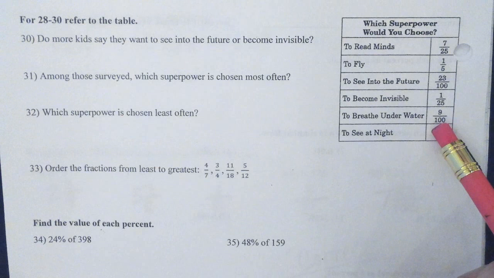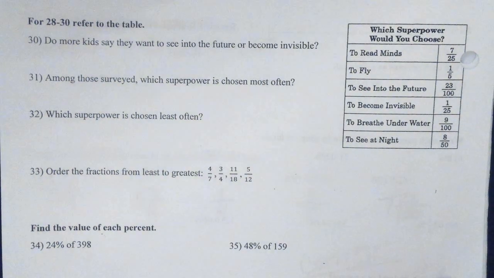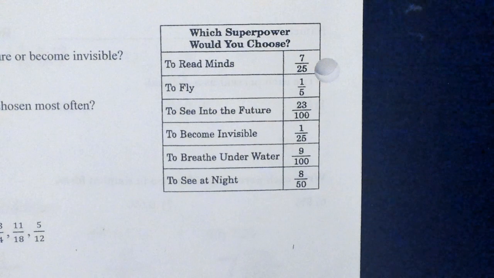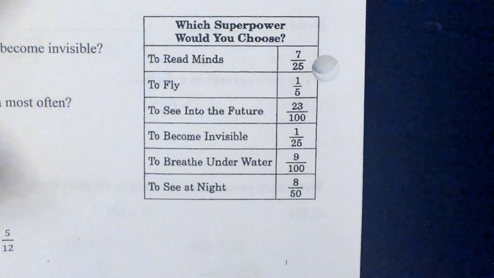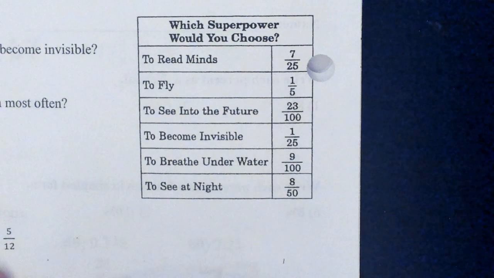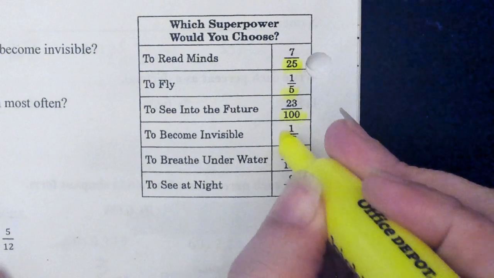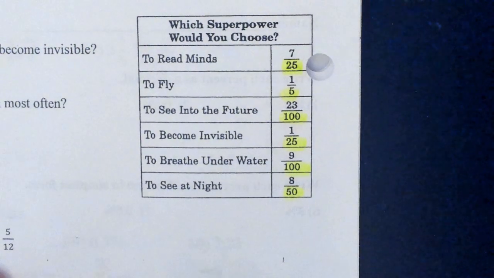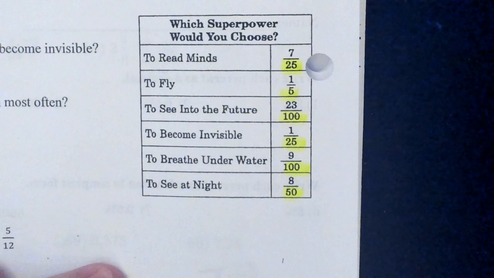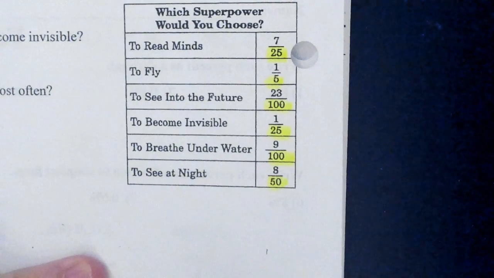Now, personally, I'm going to start because the denominators, and it's only because I've done this in a few other classes, I'm just going to kind of make it shorter for you if you'll watch. If you will look at each denominator, the bottom numbers, they will all go into the number 100. So, if we change each number to something over 100, then we can compare them.